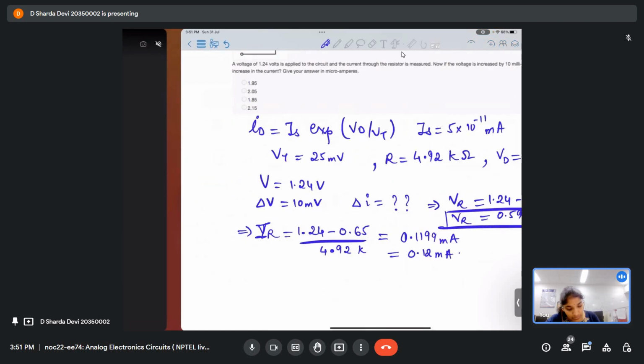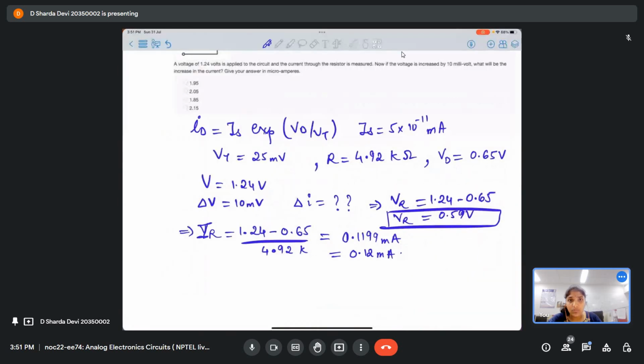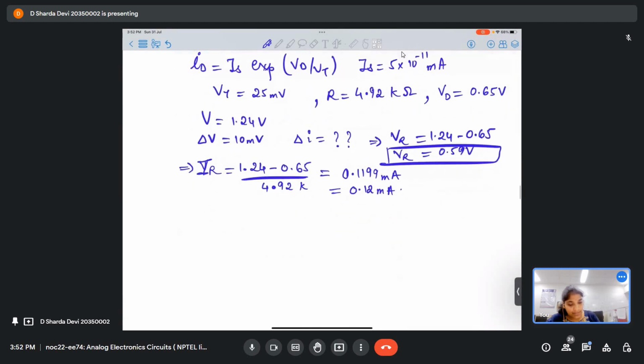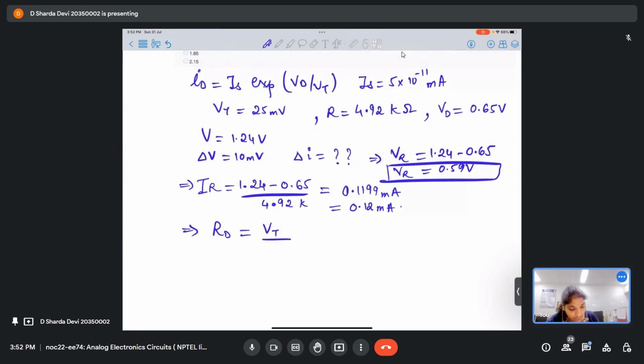Now, this is the current across the resistor, and if we want to know the intrinsic resistance of the diode, it is actually Vt by Id.